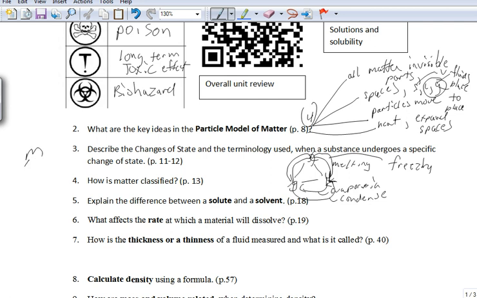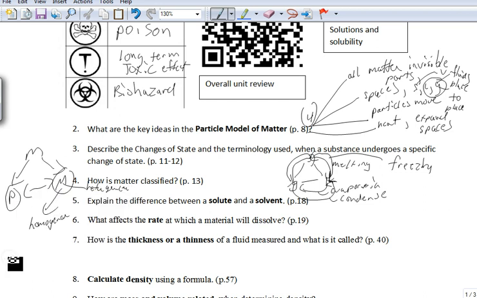All matter is broken up into 2 categories: pure substances or mixtures. And the difference is their properties. Mixtures, you could have 3 or 4 different mixtures of salt water, and each one could have a different property, whereas pure substances will have the same properties: boiling point, melting point, etc. Then mixtures are broken up even further into homogeneous and heterogeneous.